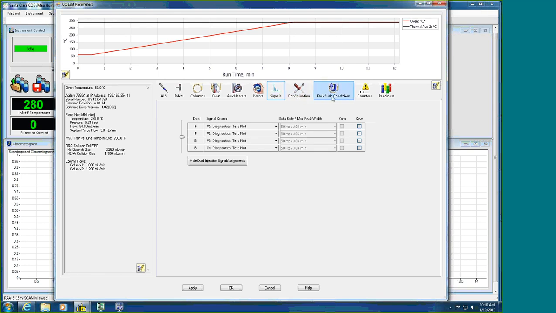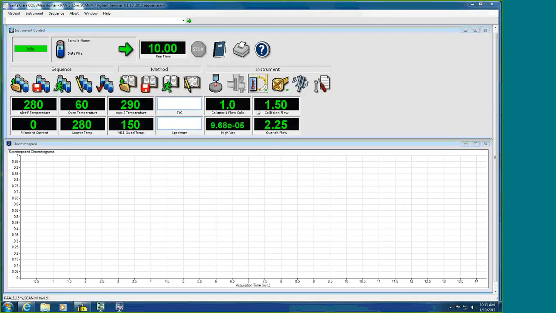And we have backflush conditions if you want to eliminate your heavy matrix from reaching your mass spec source. You could go ahead and set up those conditions here. But the takeaway message here is that in terms of the GC parameters for MassHunter acquisition, they are pretty much identical to what you see today. Okay? So here.